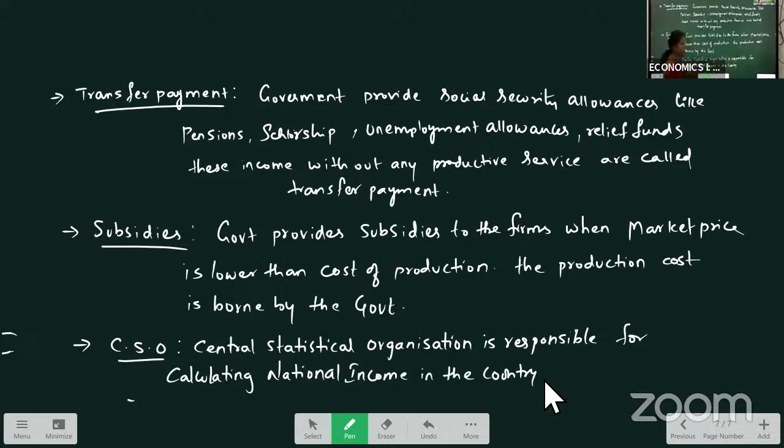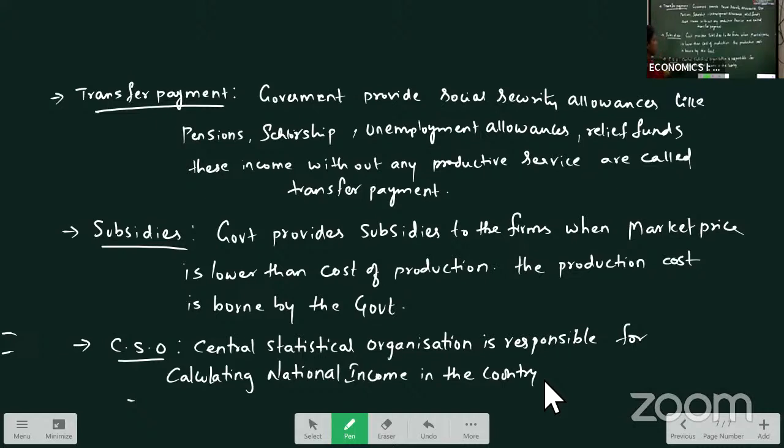So CSO is responsible to calculate the national income in the country. They will prepare national income estimates and they are calculating the national income by using two methods, income method and output method. So these are the various VSAQs from this chapter you have to prepare.